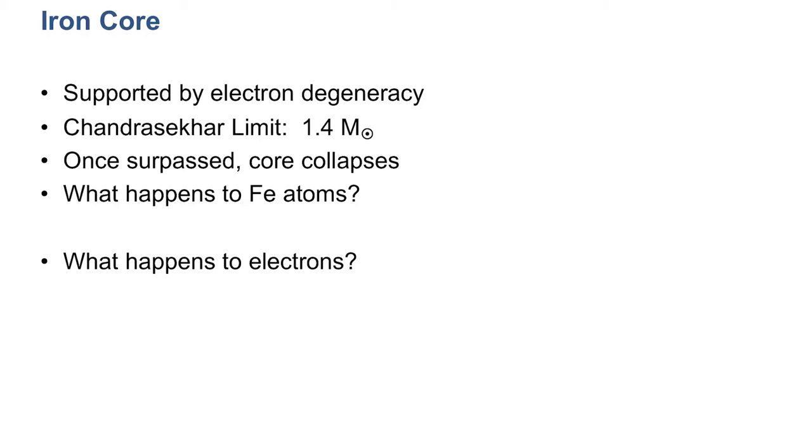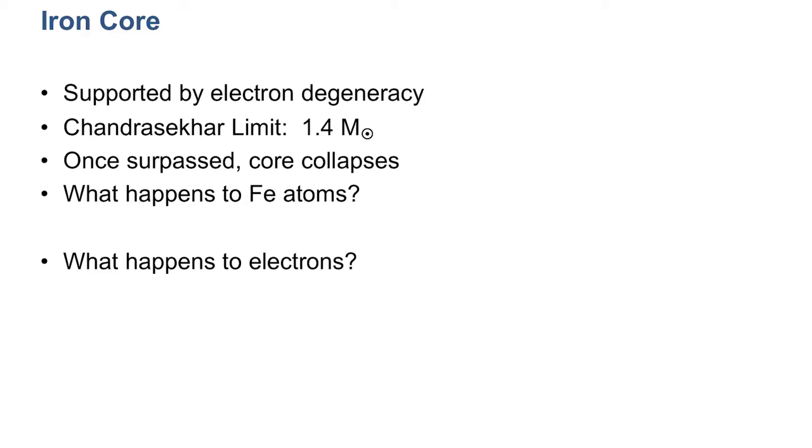And it must collapse. So something has to happen to all of those iron atoms, and something has to happen to all those electrons, because again, you can't squeeze anything more closely together that has a bunch of electrons in it. So they have to go somewhere, and they have to go somewhere fairly fast and fairly suddenly. So what actually happens?